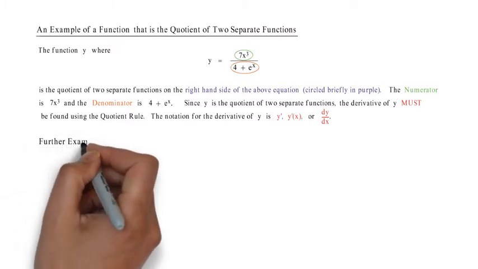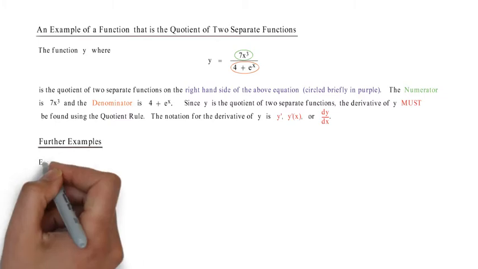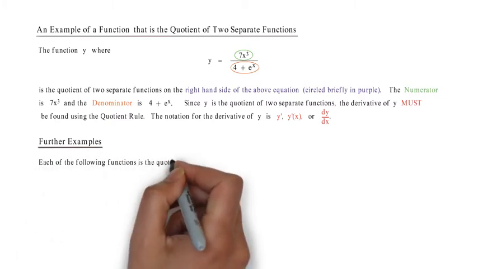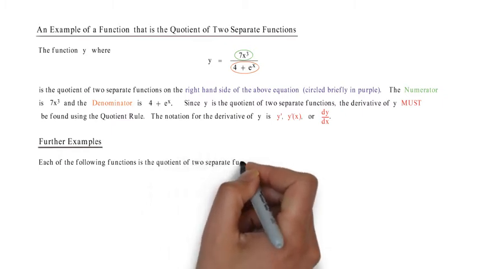Further examples. Each of the following functions is the quotient of 2 separate functions.